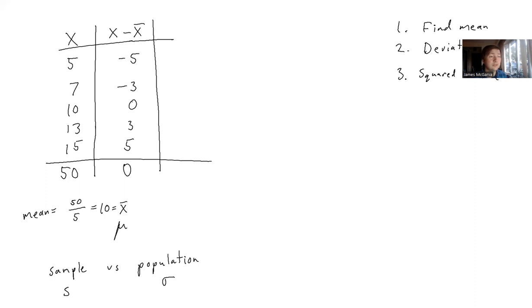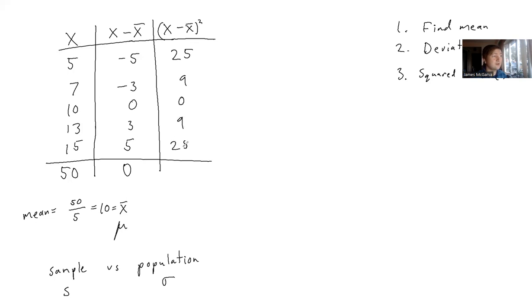And so we take whatever we have and we square it. So our X minus X bar, the deviation, we're going to square each of these. Negative 5 squared is 25. Negative 3 squared is 9. 0 squared is 0. 3 squared is 9.